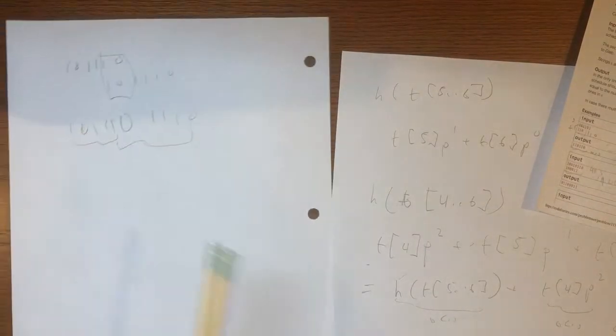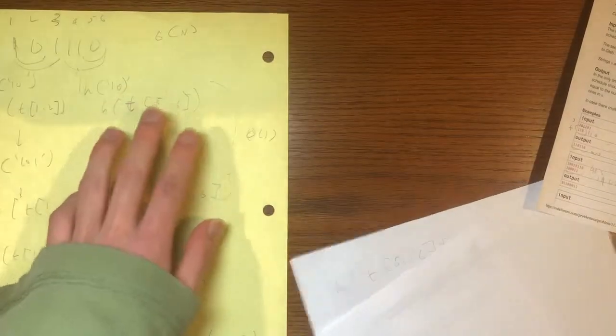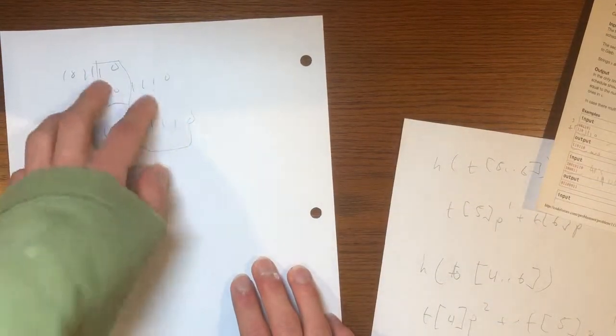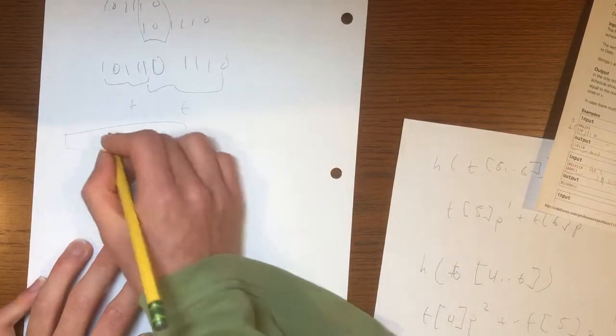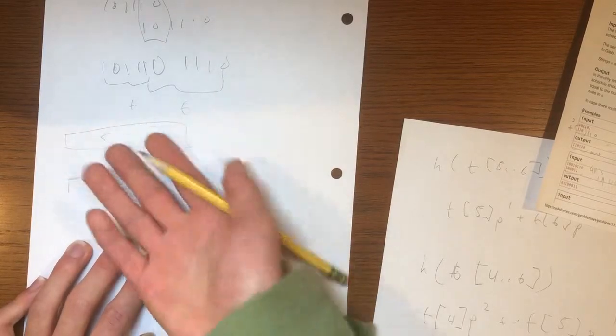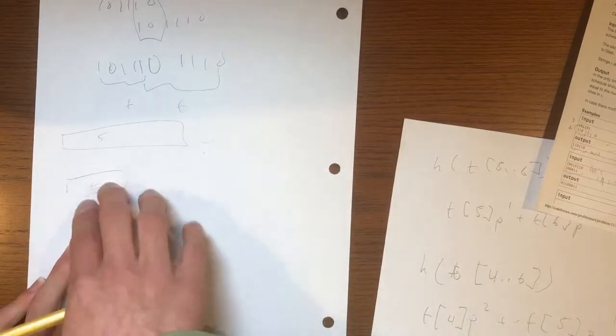So after we're done with this, now we've consumed 2 t's using our hashing method. We've been able to efficiently consume 2 t's using our hashing method. So now what do we do with the leftovers? Basically the outline of this is that we have our string s, and we have a string t, and we're trying to permute s such that s prime has the maximum number of t's available.